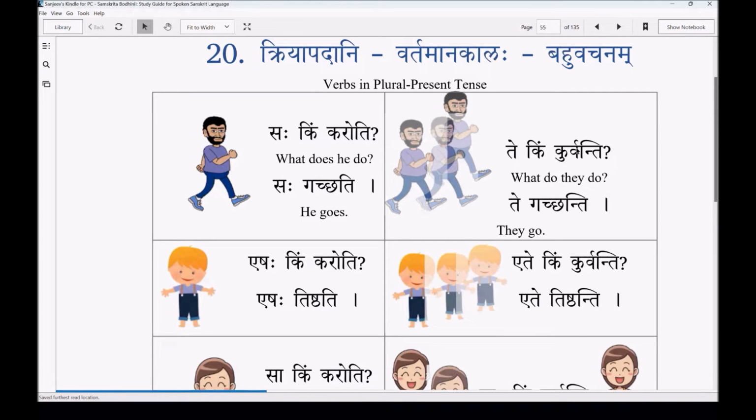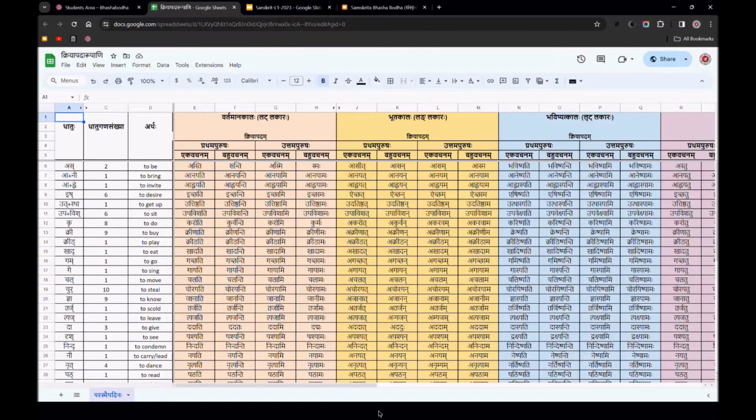Saha kim karoti, saha gacchati. Te kim kurvanti, te gacchanti. So these Bahuvachana forms you can find from the tables, offline or online, anyway you can find them. Like this is one table I have provided.